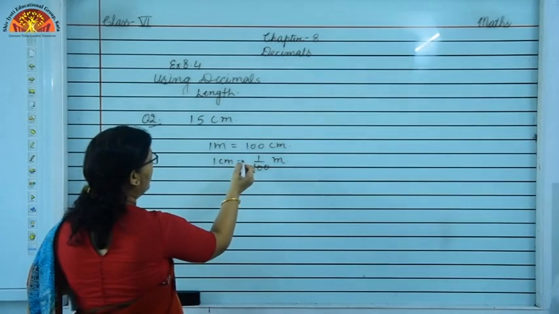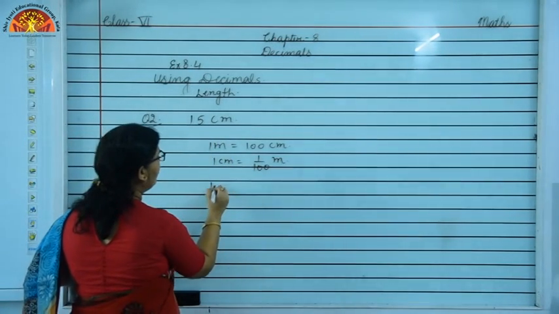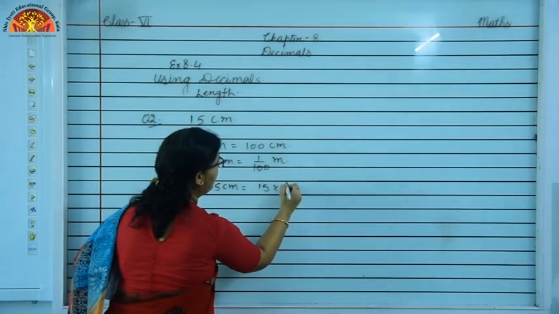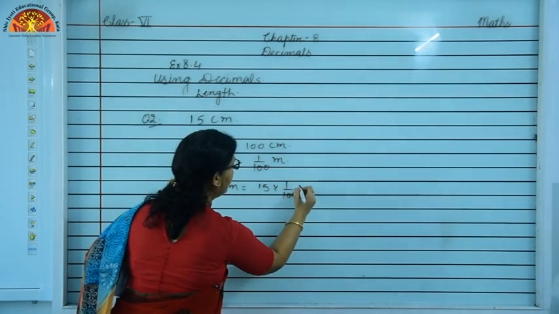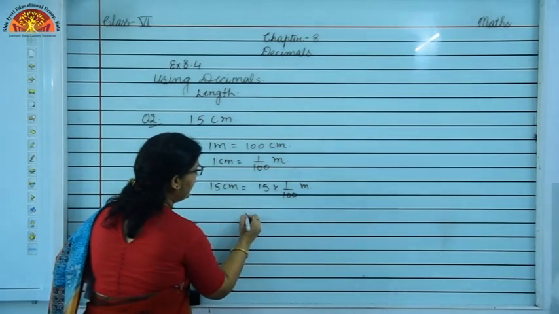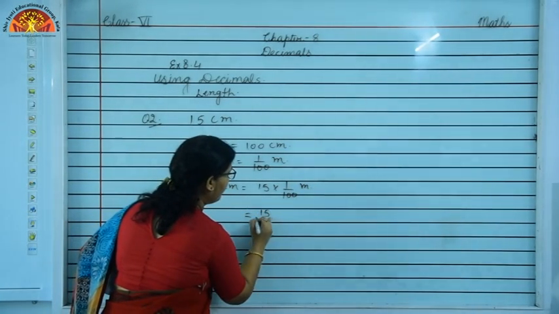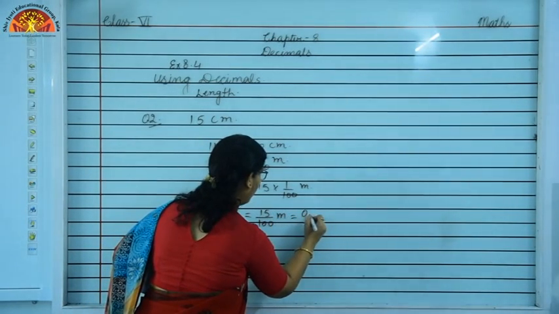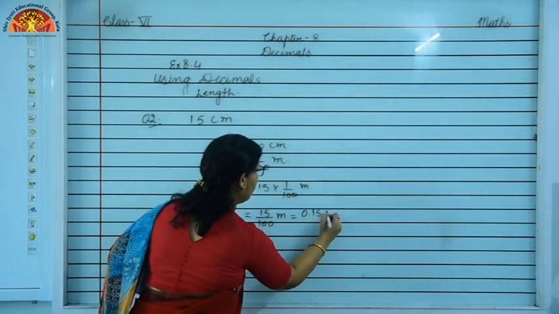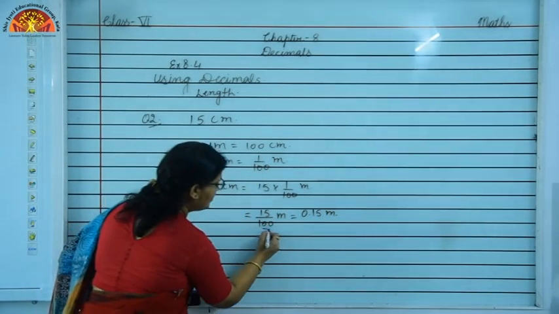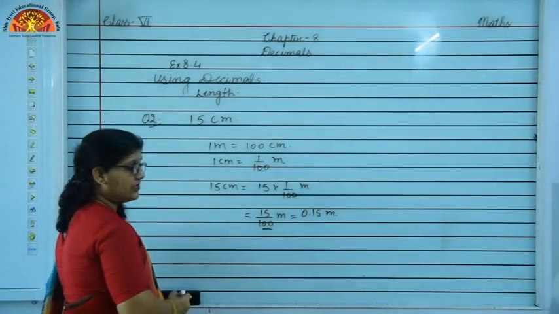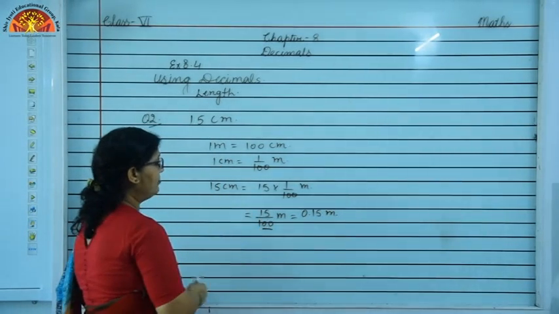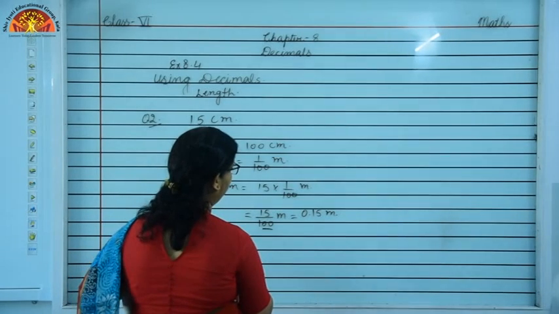Now 15 centimeter is equal to 15 multiplied by 1 upon 100 meters, which is 15 upon 100 meter, equal to 0.15 meter because we have 2 zeros here. Understood? So we put the decimal after 2 digits from the right side of the number.